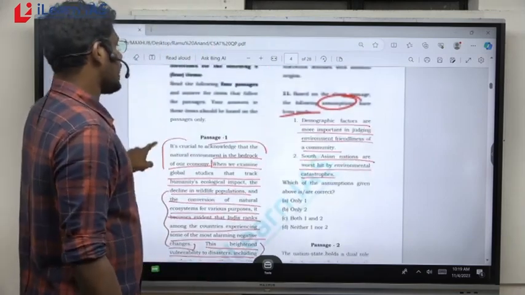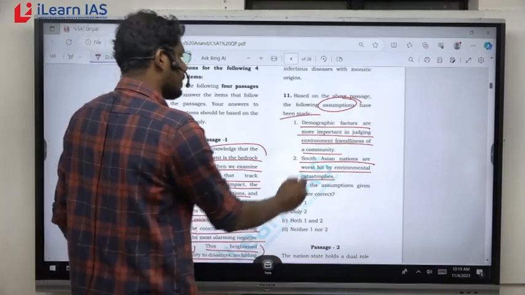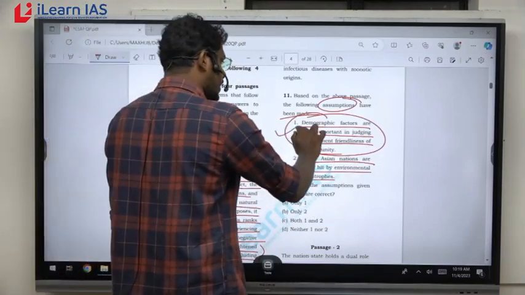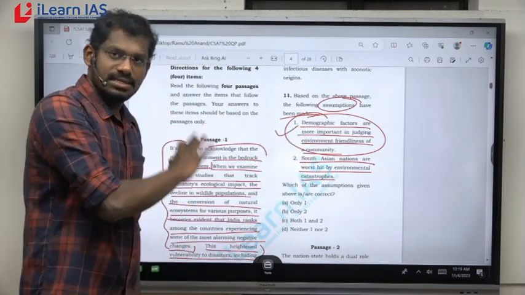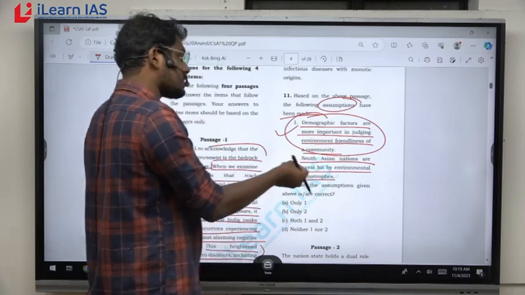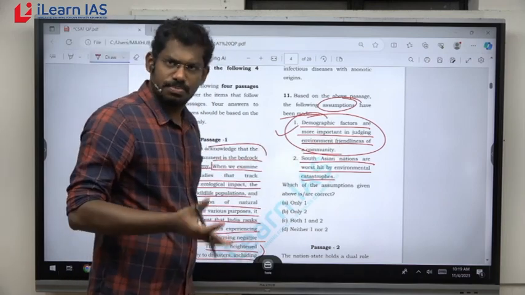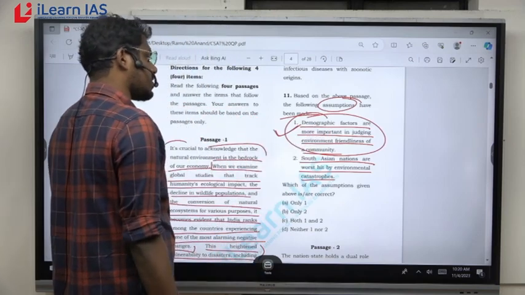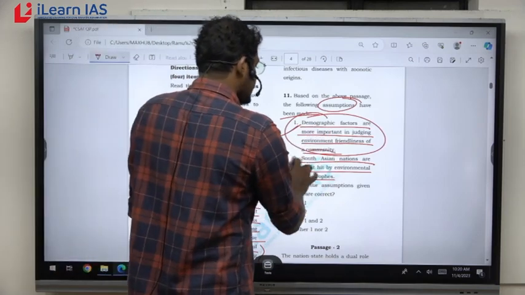So we can assume that demographic factors are more important in judging environmental friendliness of a community. The passage says that there is a mutual relationship between environmental friendliness and demographic factors, for example, population.